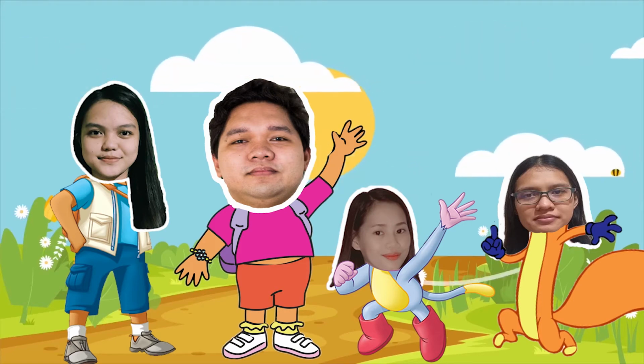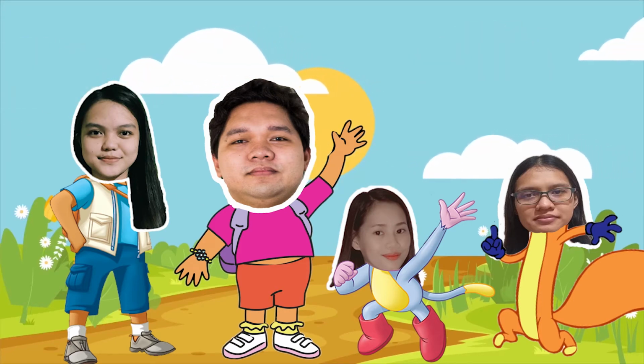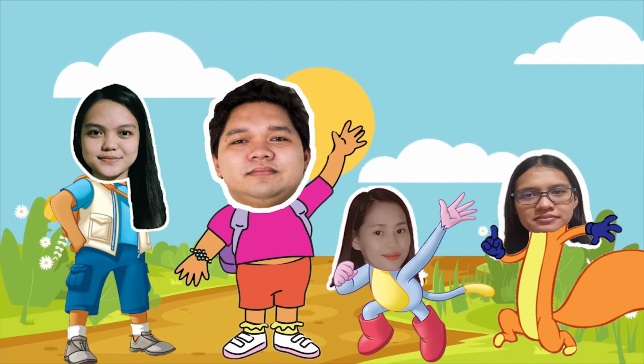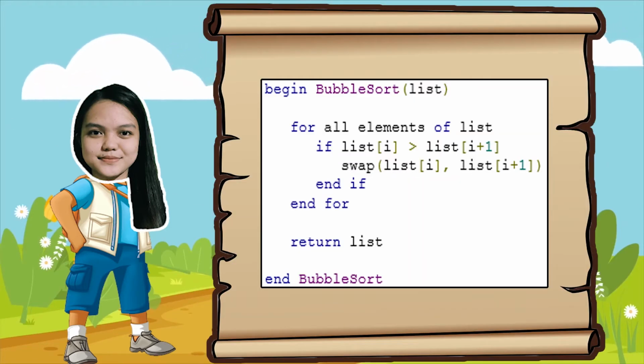We further assume that swap function swaps the value of the given array elements. Begin bubble sort list. For all elements of list, if list I is greater than list I plus 1, swap list I plus 1. And if, and for, return list and bubble sort.